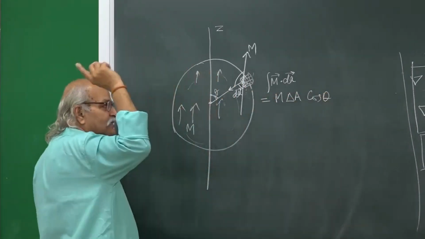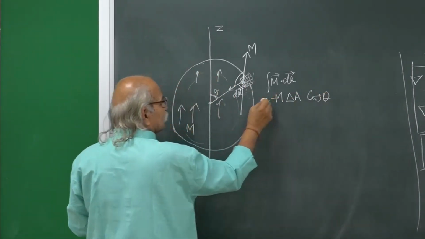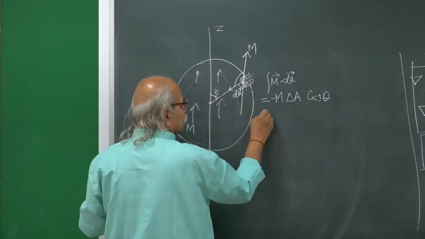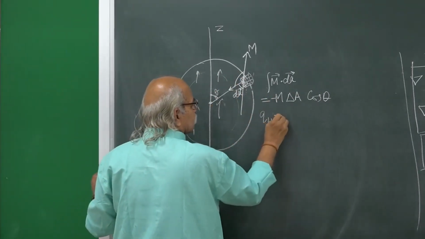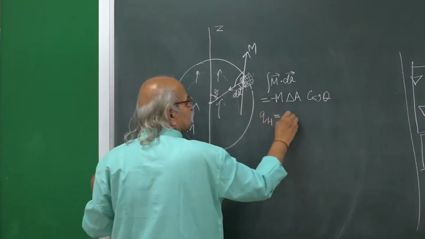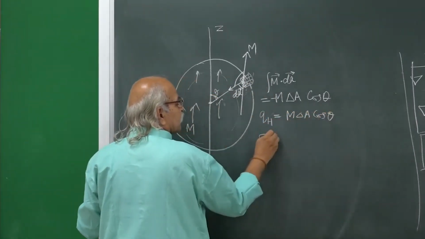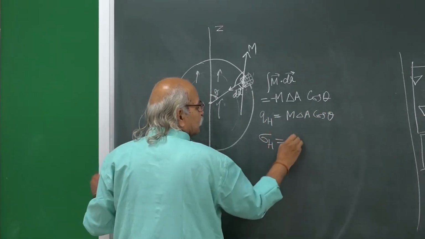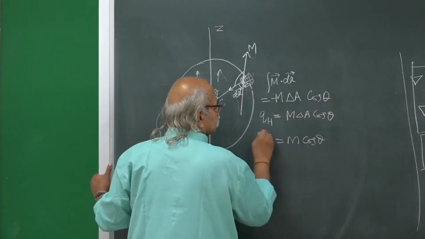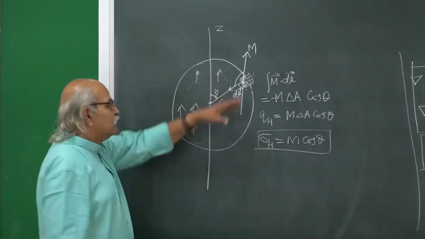The negative will cancel with this H. Here it is a negative, but the charge, when you write, what is the charge? Is negative of that. So, m delta A cos theta is the charge, and what is the charge density? It is m cos theta. H charge density is m cos theta everywhere.